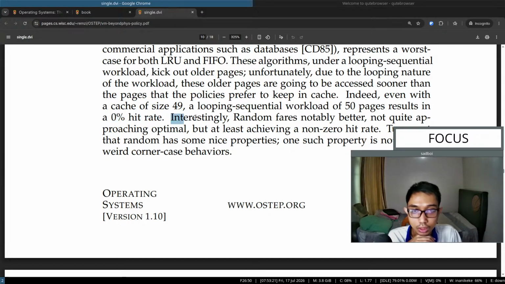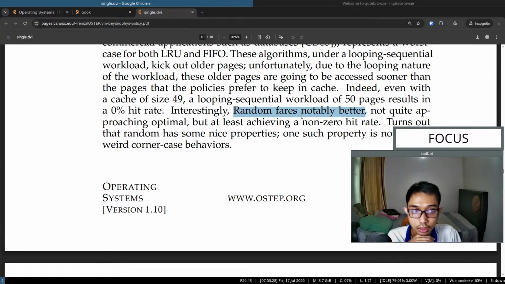Interestingly, random fares notably better, not quite approaching optimal, but at least achieving a non-zero hit rate. Interesting.